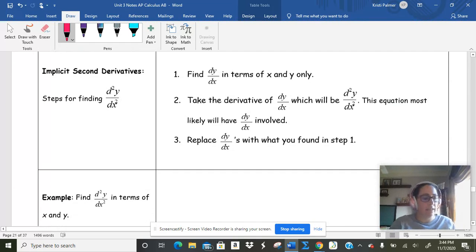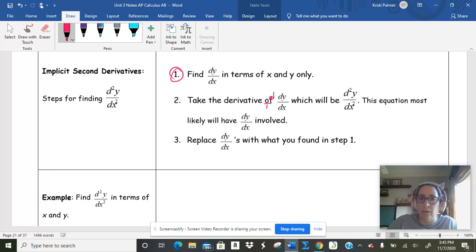Okay, so here is the implicit differentiating for finding the second derivative. The first thing you have to do is what we've already learned, and that's go find dy/dx by itself. We've got to get the first derivative out of the way. Once I have that all solved for, with no other dy/dx involved, then I can take the derivative of this.